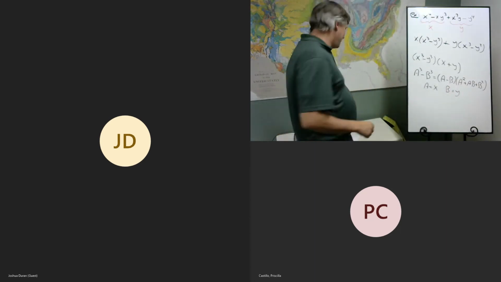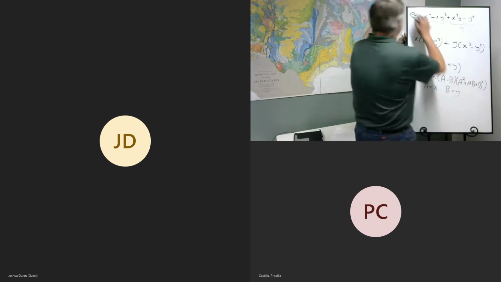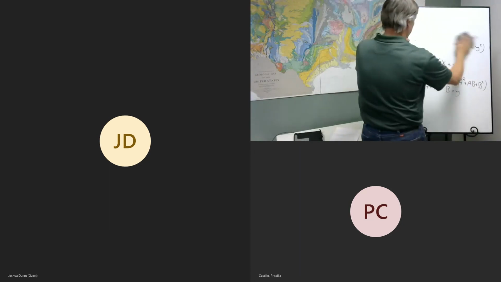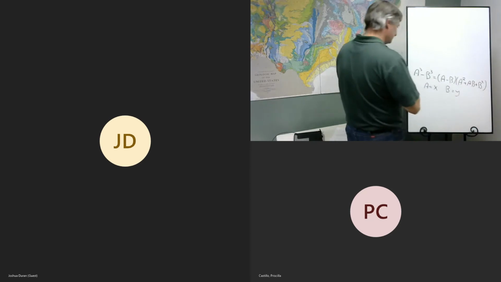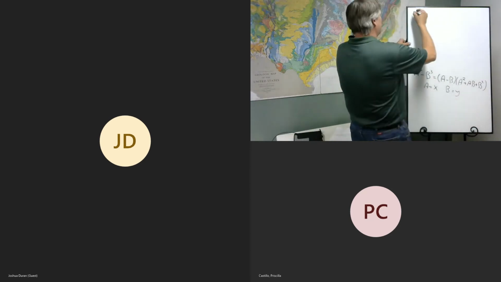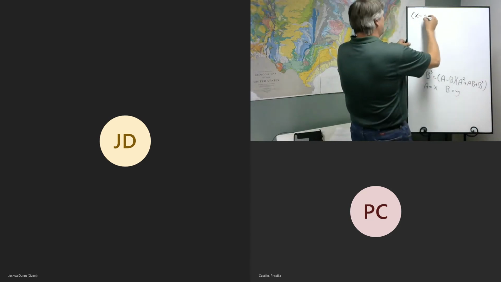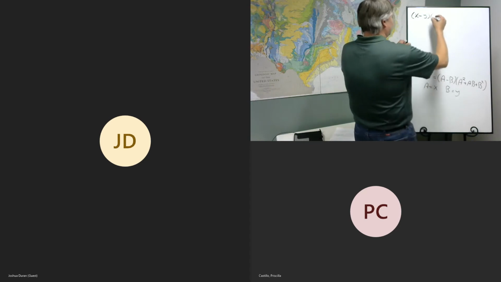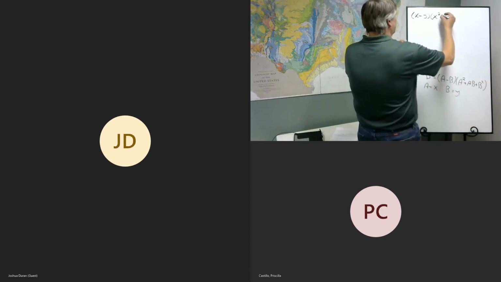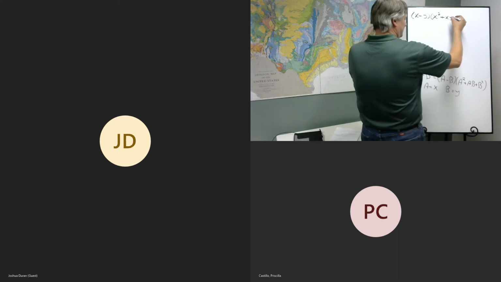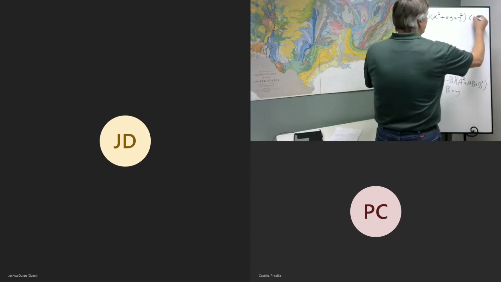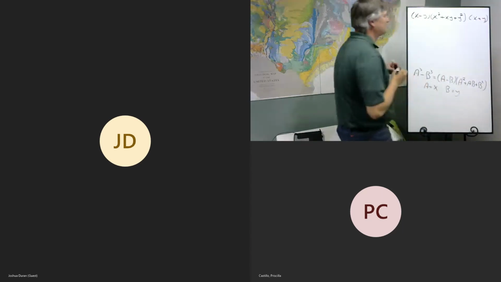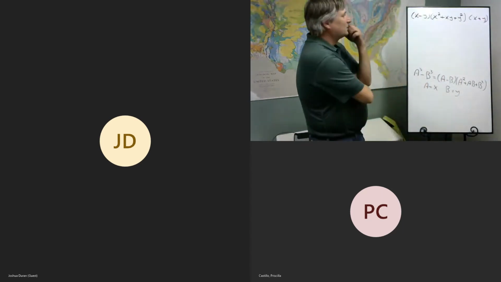So what we're going to get is this. A minus B, then A squared plus AB plus B squared. And don't forget we had our x plus y out here. So we've got that.